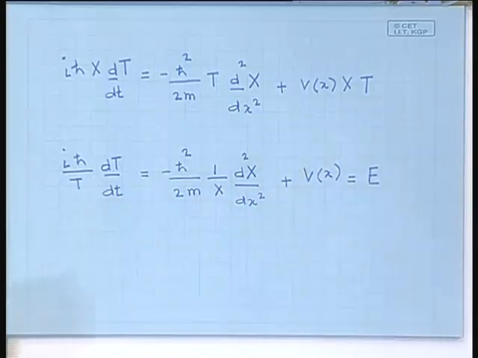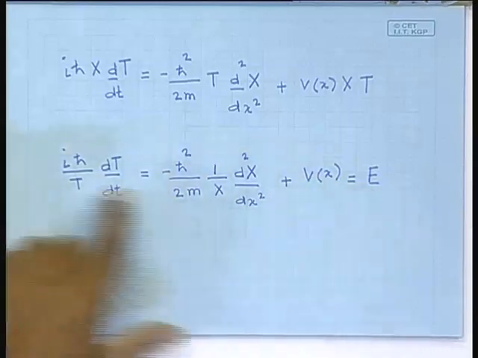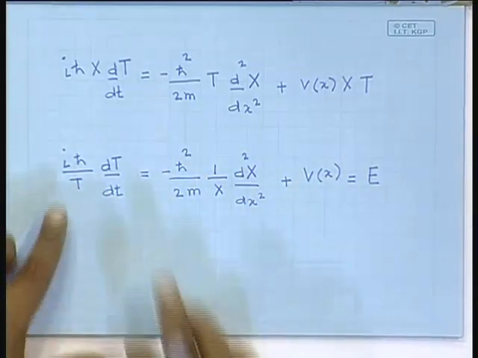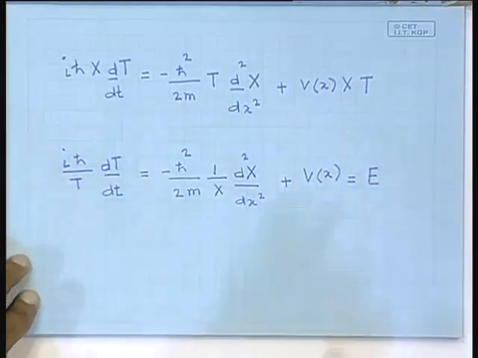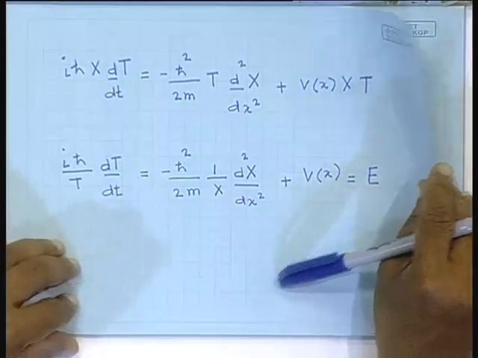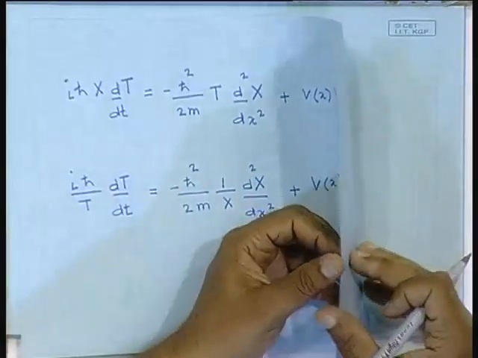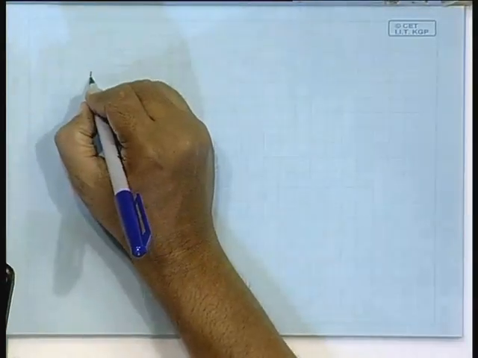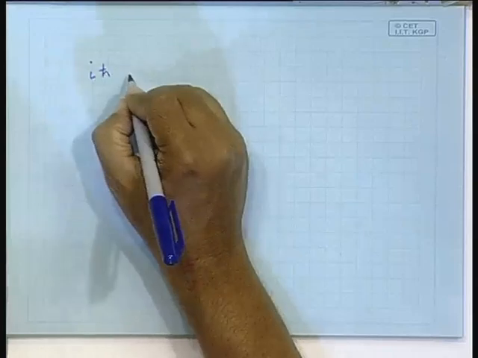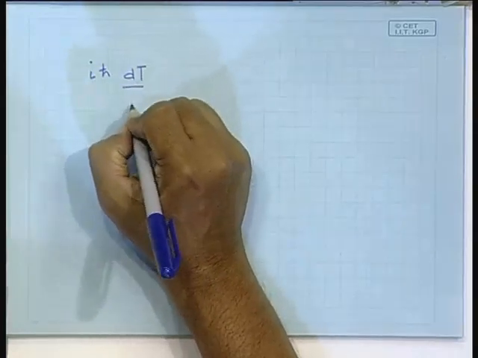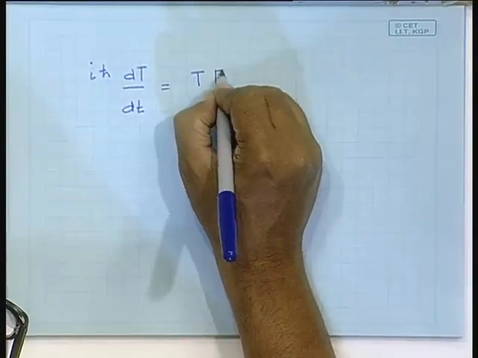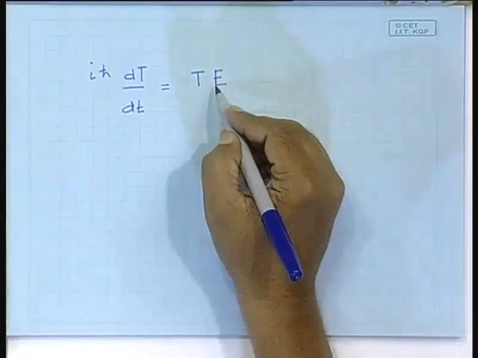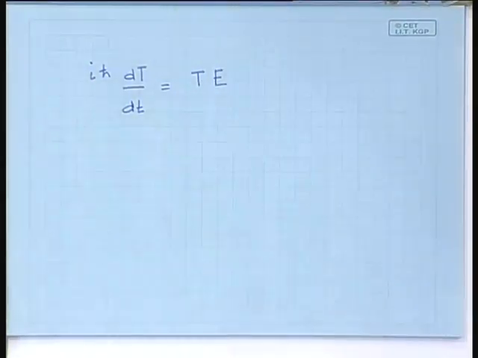Let us first look at the time part of this equation. So, the time part means that we have to look at this term, which is equal to a constant E. What this gives us is this differential equation, i h cross dT/dt is equal to T times E, where E is a constant, this capital T is a function of time.